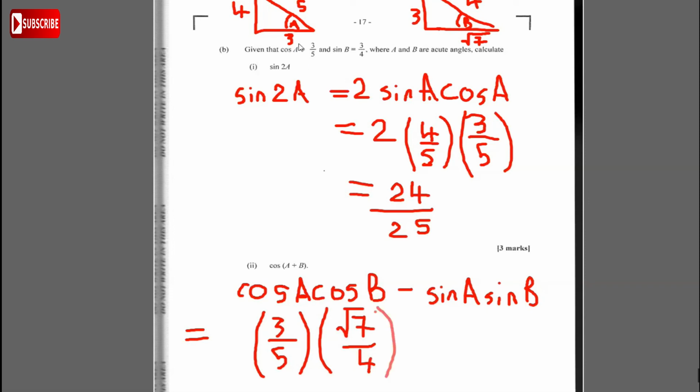Sine A will go over to this triangle again. Sine A is opposite over hypotenuse, which is 4 over 5, minus sine B. What is sine B? We'll go over to this triangle. Sine B is opposite over hypotenuse, which is 3 over 4. You may proceed to simplify your answer now. This is 3 root 7 over 20.